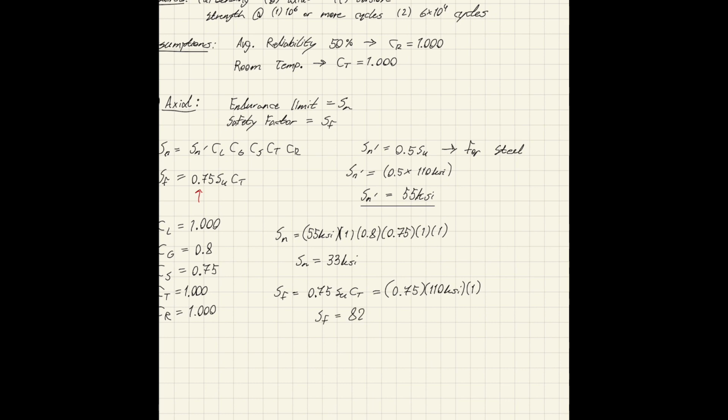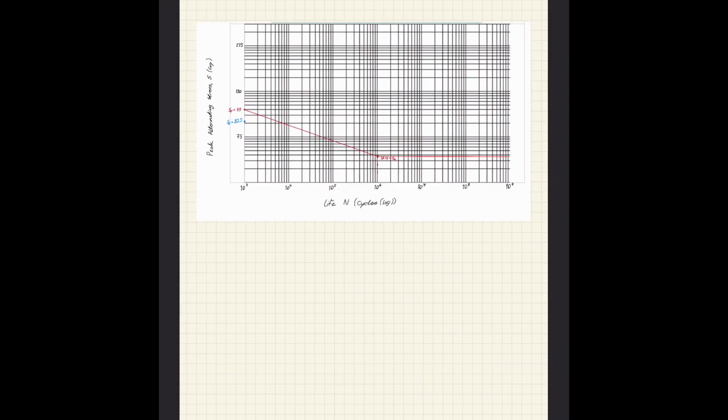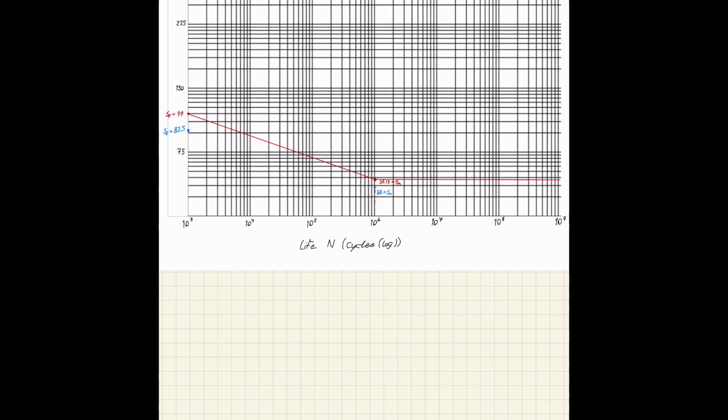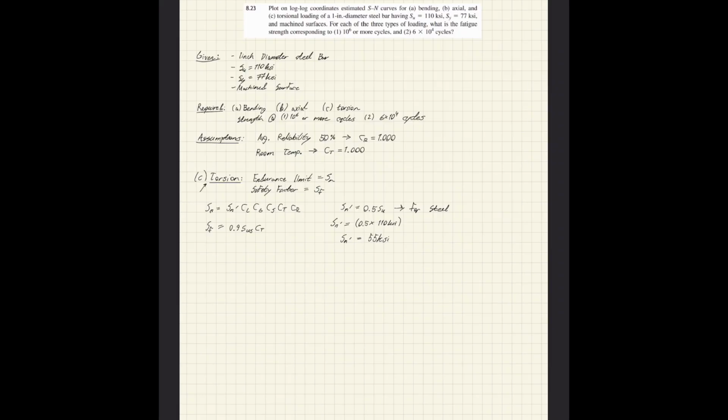That gives us a value of 82.5 KSI. Go back over to our graph. We're going to plot these points: SF is equal to 82.5 for axial loading, and SN is equal to 33 KSI. Just draw this line, go over, and that's what that line looks like.